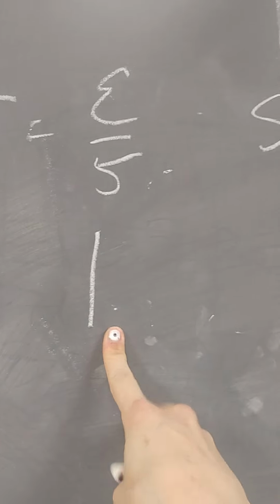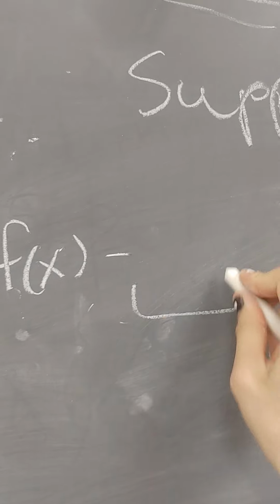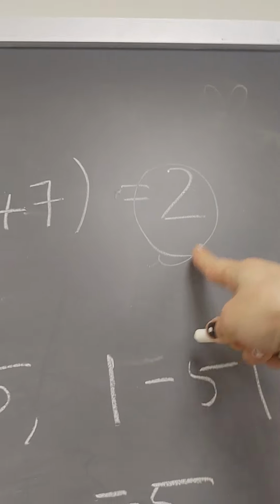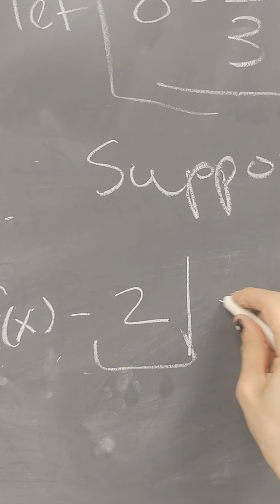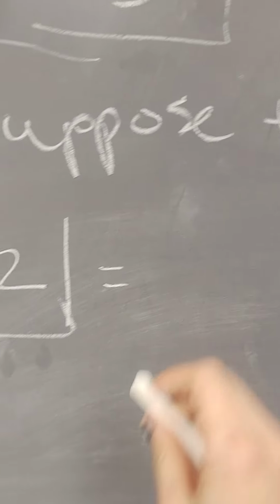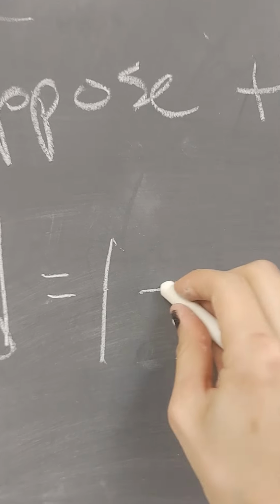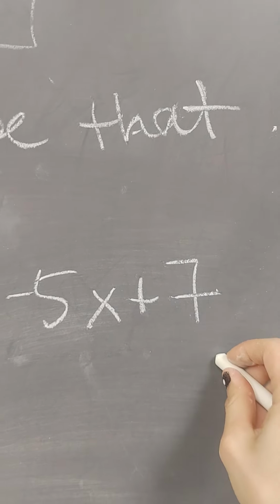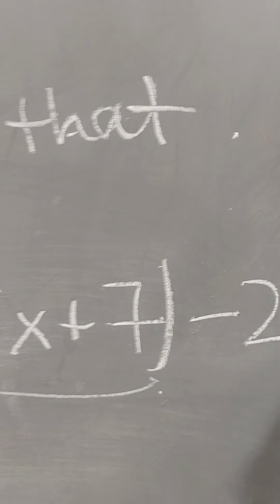So then we write the absolute value of f of x minus 2, where we put the other thing on the other side of the equal sign. 2 goes in here. Then f of x minus 2, we're going to simplify this expression first, is equal to plugging in f of x, negative 5x plus 7, minus 2.